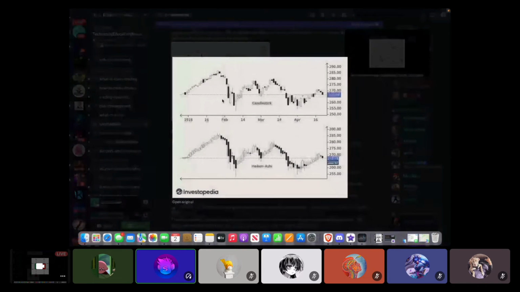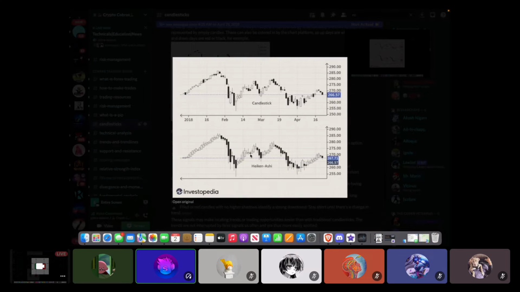Like this one right here, little body, upper shadow, lower shadow, and then the trend continued a little bit. This one as well, at the end of the downtrend, you had one doji. It was kind of a bullish doji, down a little bit more. Another one, we reversed and went bullish.